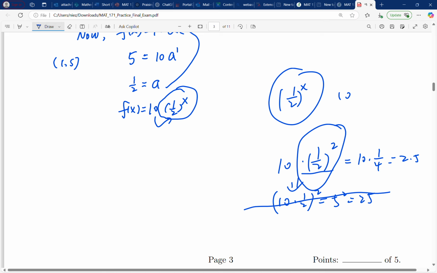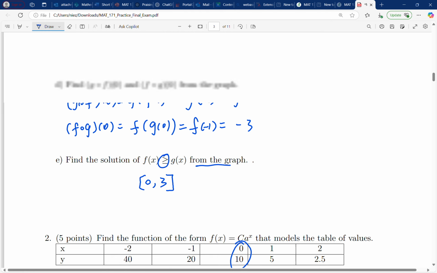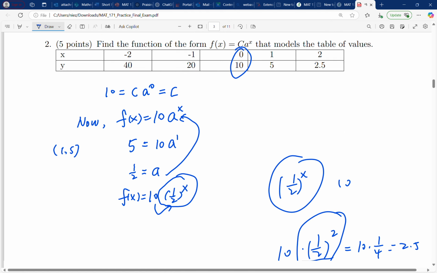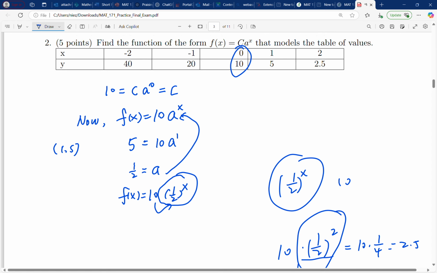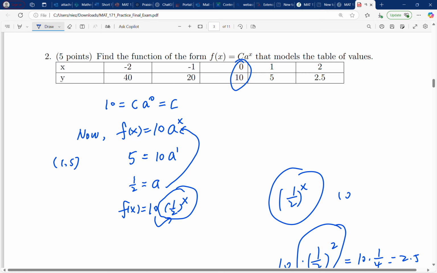How did you know that c was 10? How do I know? That's a good point. Because we did this question before. When you do this the first time, you choose points randomly. But after you do this, you gain some experience.